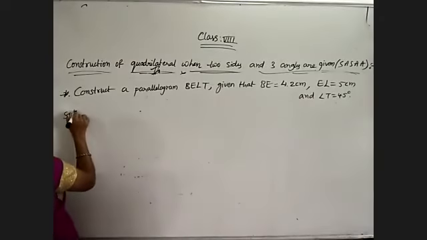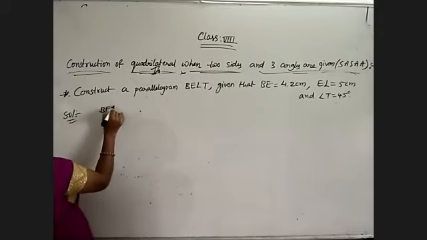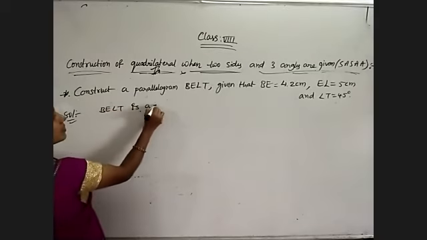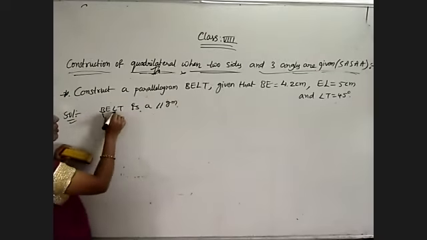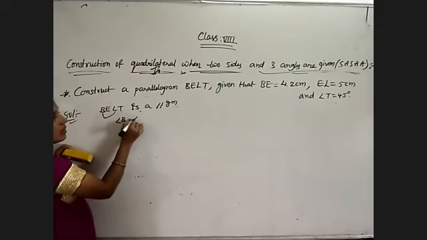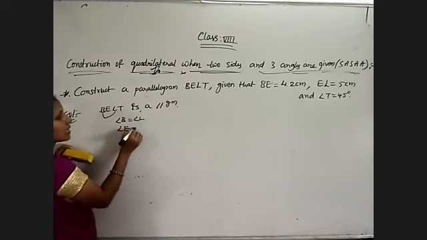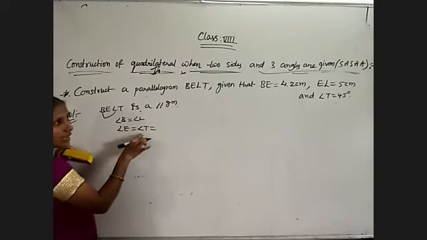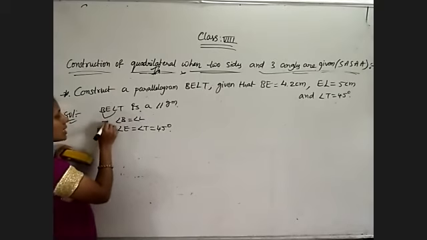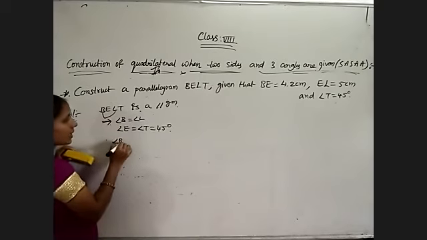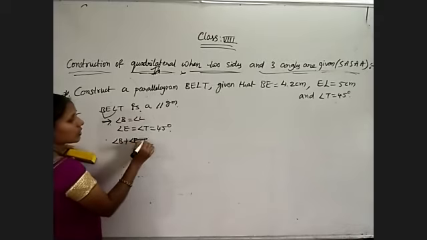Now, BELT is a parallelogram. They only mentioned parallelogram. That means angle B equal to angle L and angle E is equal to angle T. Angle T they have given 45 degrees. And because it is a parallelogram, angle B plus angle E is equal to 180 degrees.